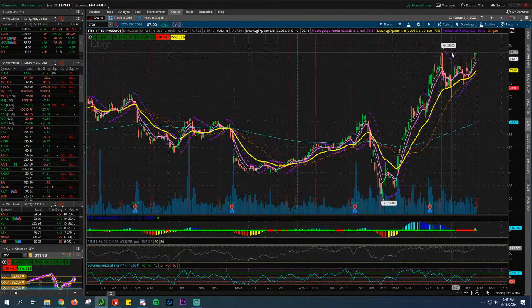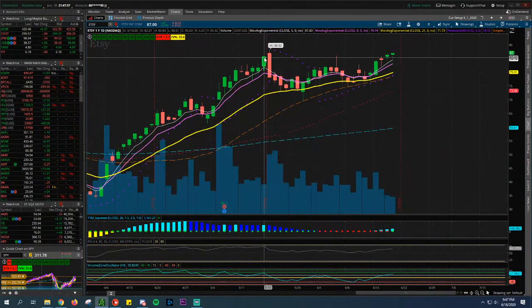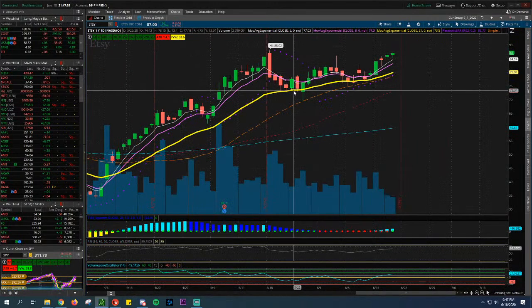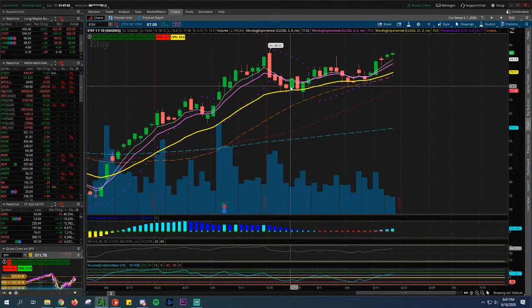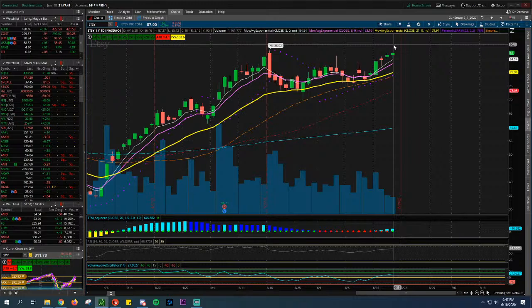Be mindful that we could see really strong overhead resistance here, because individuals who didn't get out in time could be getting out once it gets up to that $88 level. They could just have an automatic get-out-of-dodge scenario.